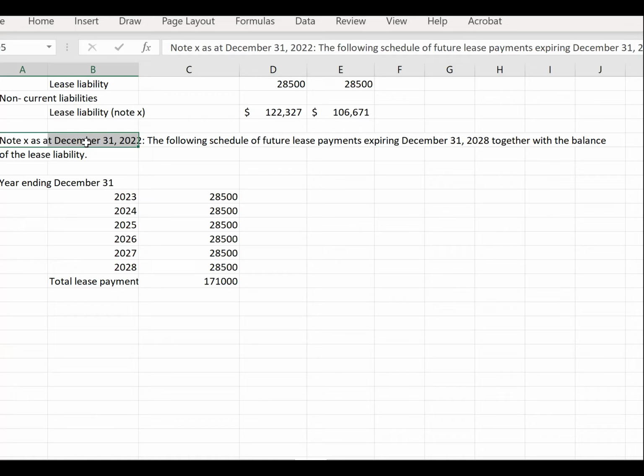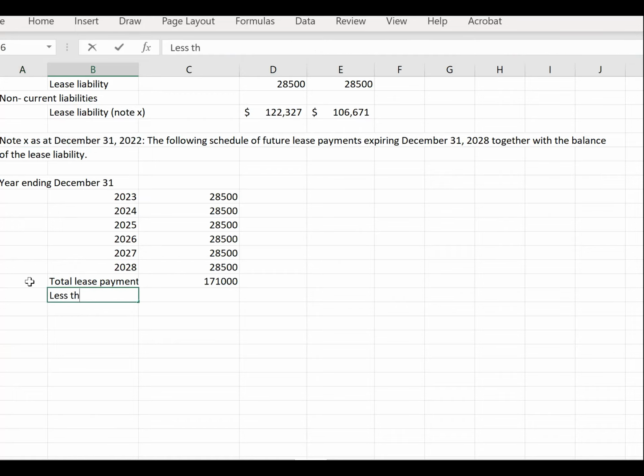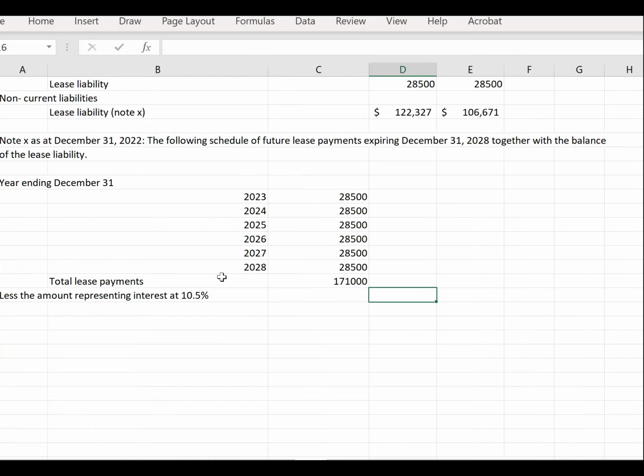Okay, so then we're going to say less the amount representing interest at 10.5%.